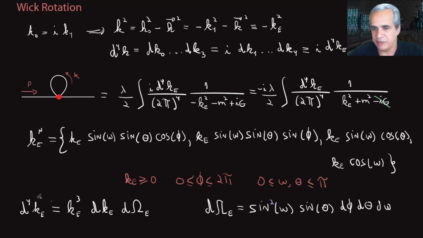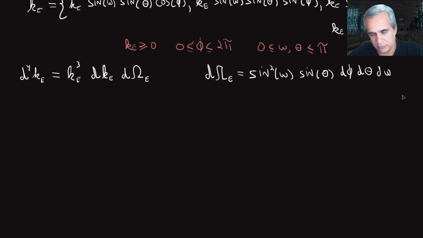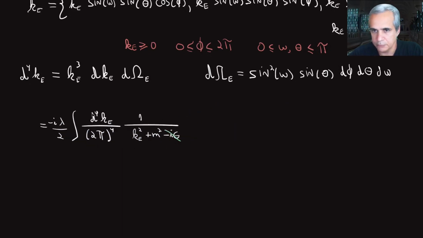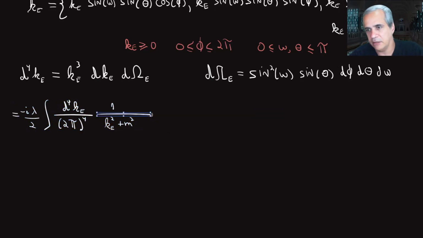And then if I substitute all of these in this integral, now I get, let me copy it. Now I get, just delete the i epsilon here.